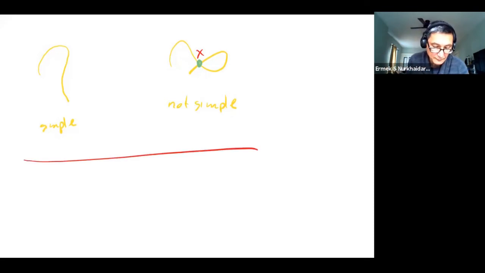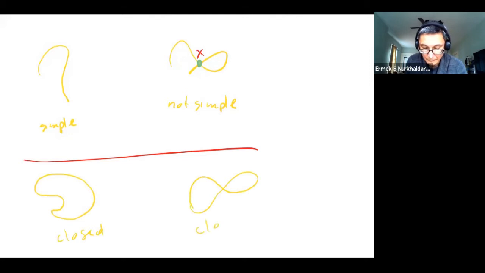And closed means you started and you finish where you started. That's also closed. The one on the left is closed and simple, and this one is closed but not simple.